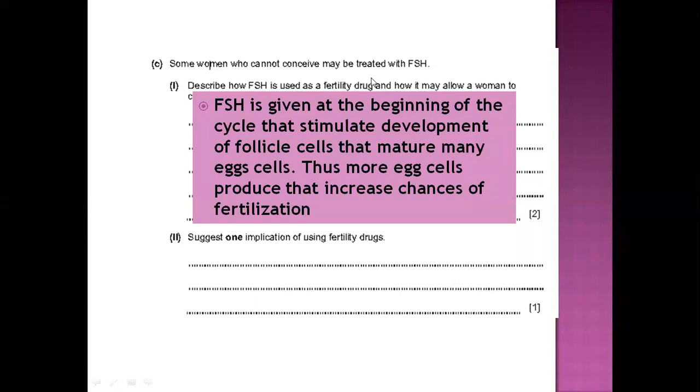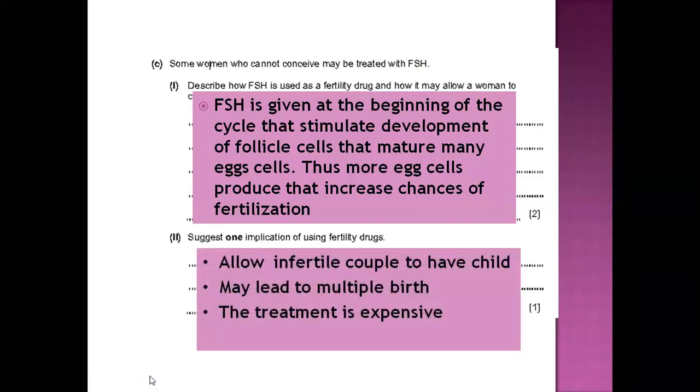Very nice. Allow infertile couples to have babies. May lead to multiple births. Allow infertile couples to have a child. May lead to multiple births, and the treatment is also expensive, as buying these fertility drugs is expensive.